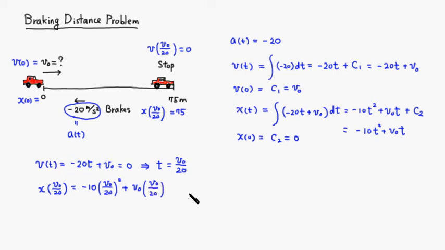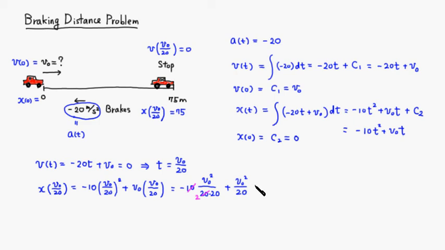So let's simplify that. This is going to be negative 10 v0 squared over 20 squared. I'm going to write it as 20 times 20 so that I can easily cancel. Then plus v0 squared over 20. Then we can cancel the 10 and the 20, and the 2 is left over.